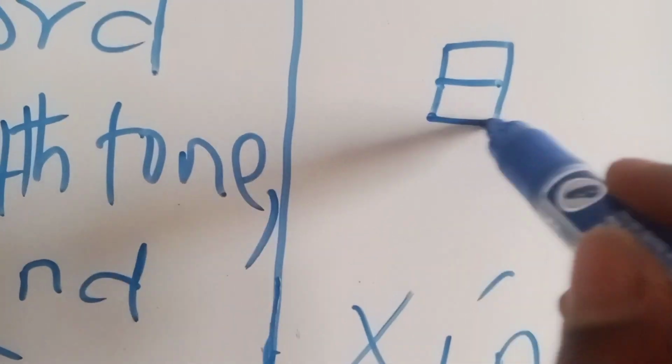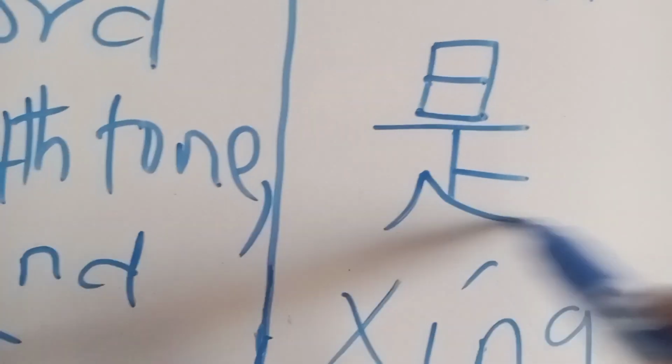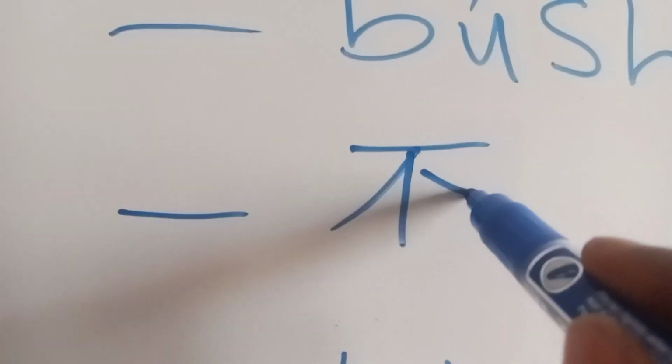And this is shì. This is how to write shì. We have written shì before. This is bú shì. You write bù again. We are going to be writing bù a lot for this class.